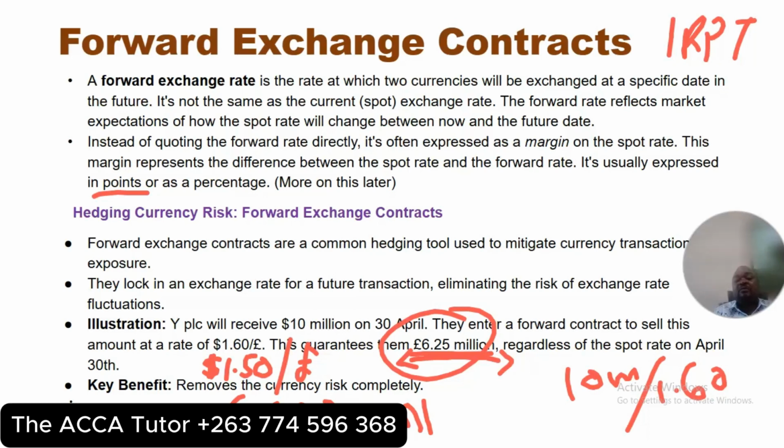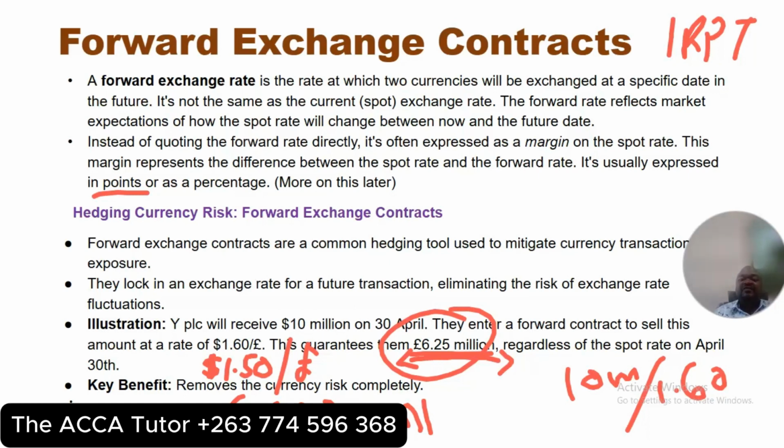So the problem with forwards is that they are fixed and rigid, which means if the exchange rate moves against us, we are not going to turn back and say, please let us be in this particular position, right? So that's the issue.